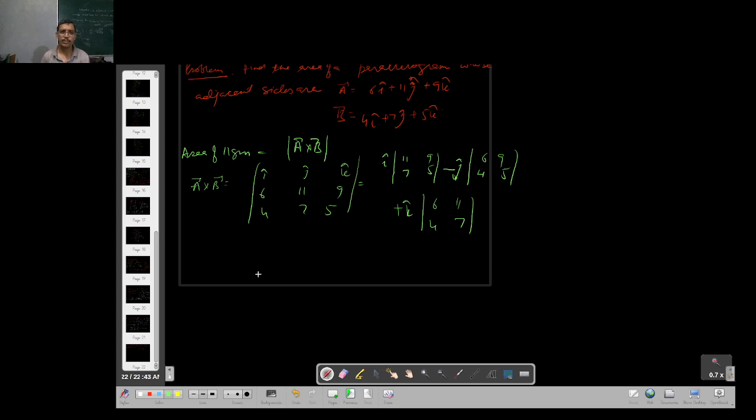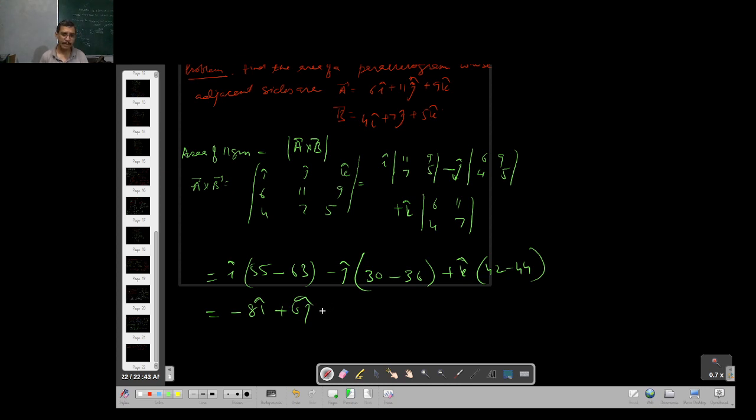So it's equal to i cap (55 minus 63) minus j cap (6 fives are 30 and 9 fours are 36) plus k (42 minus 44). So it's equal to minus 8i cap plus 6j cap minus 2k cap.